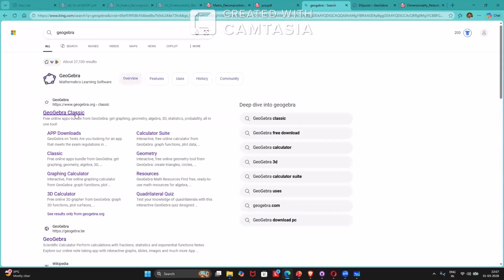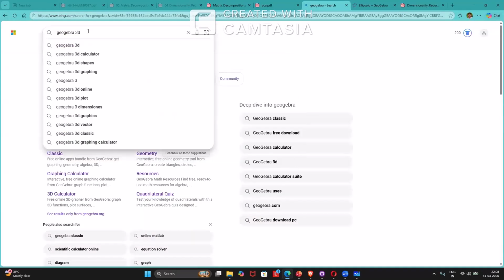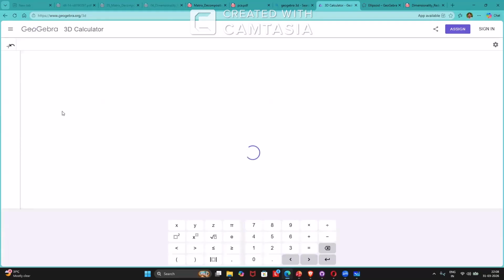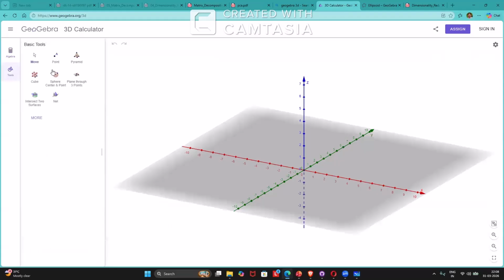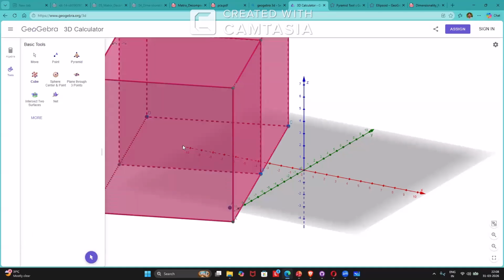We can plot our things, see, if you want a pyramid like this. We can actually experience this.